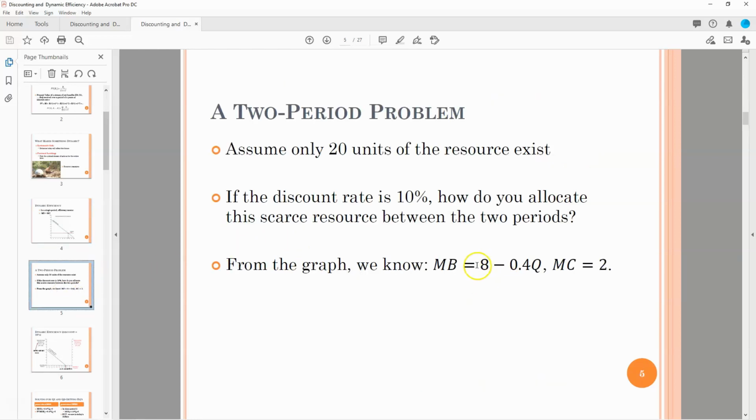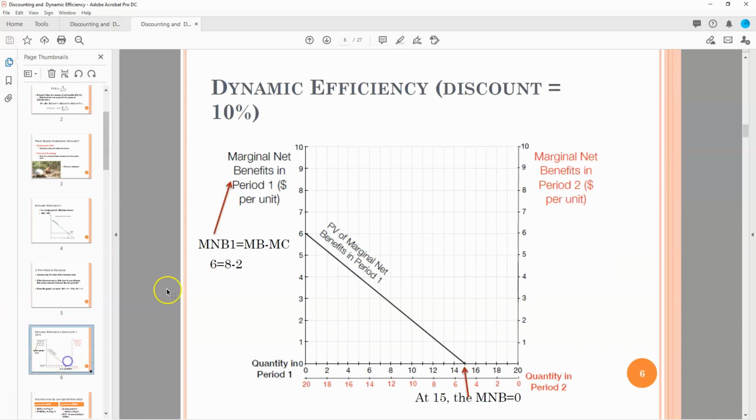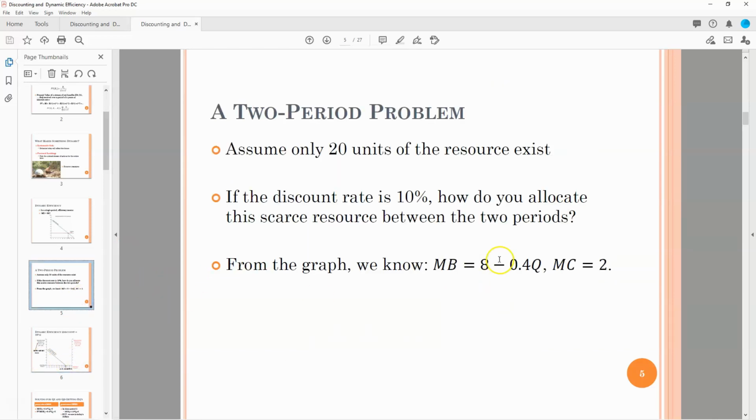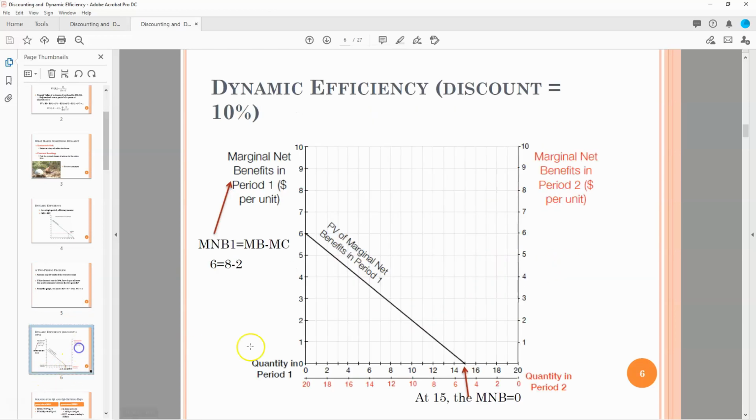So we just calculate 8 minus 0.4 times Q minus 2, which is equal to 6 minus 0.4 times Q, and Q is the quantity consumed in period 1.